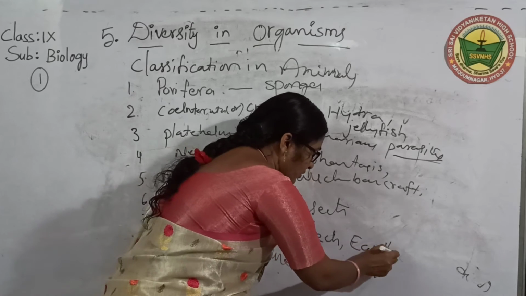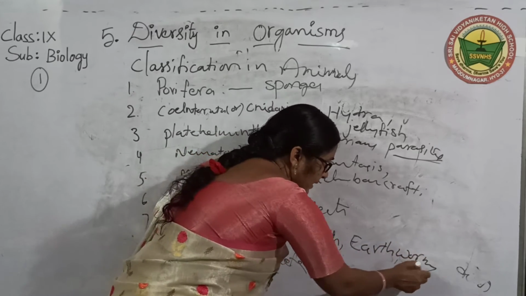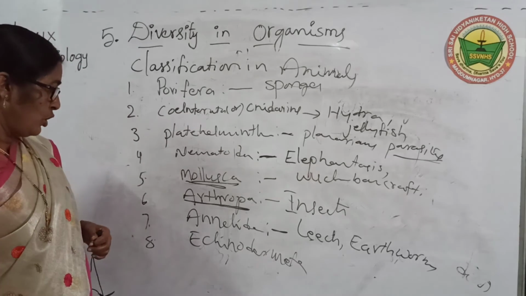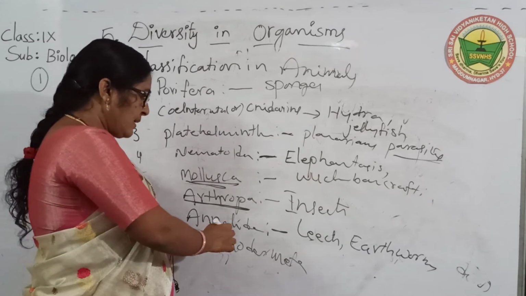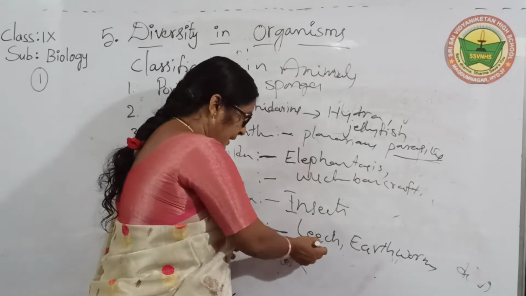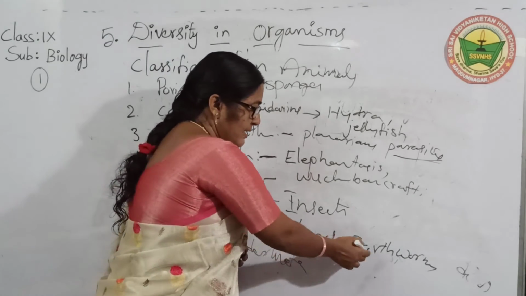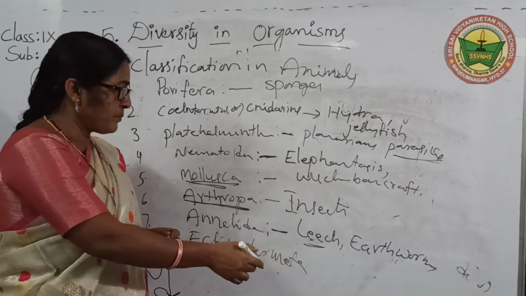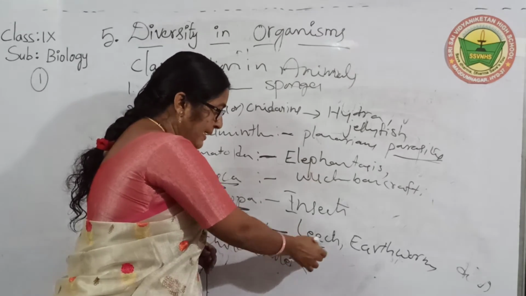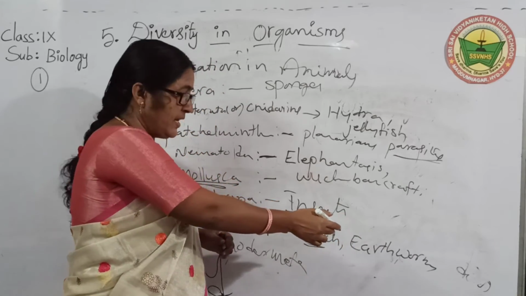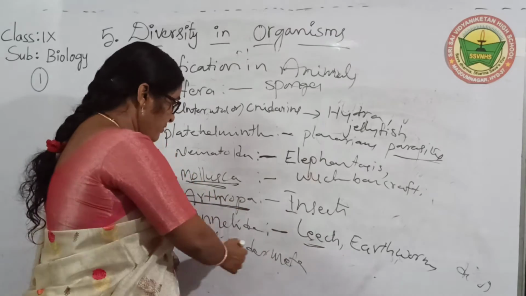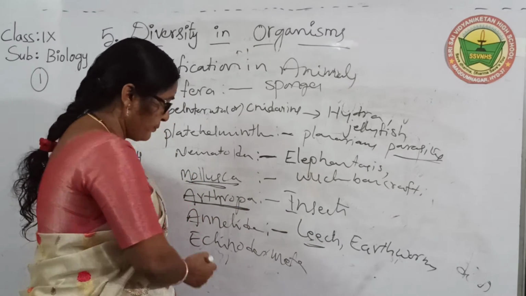Leech and earthworm are the examples in the Annelida group. They suck food from other bodies. Here leech is a heterotroph, and earthworm is also a heterotroph. Here the food is blood for the leech, and for the earthworm the food is dried leaves. So these are the organisms in the Annelida group.